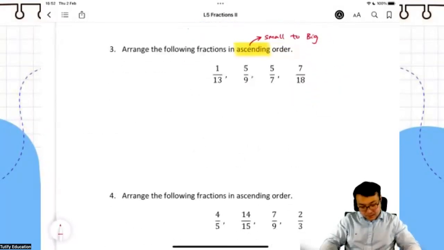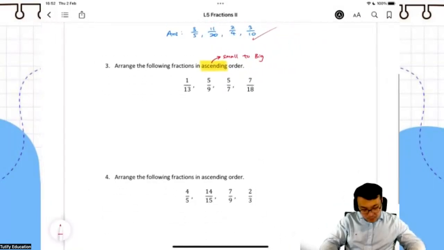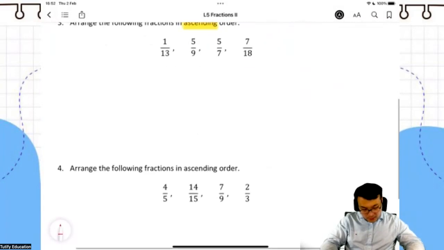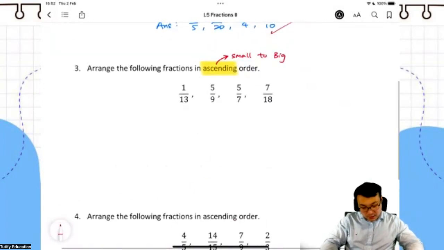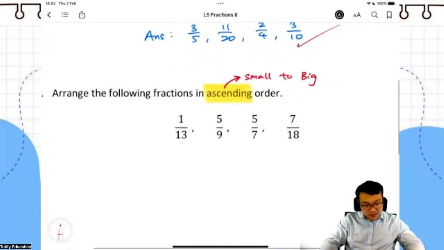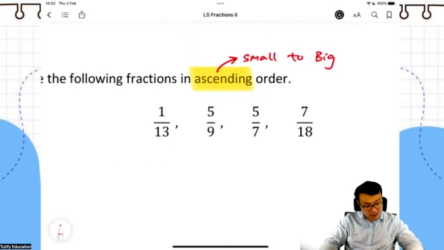So students, I'll tell you what. Oh yeah, these two are ascending. They want it in ascending order. Okay, why not I do this? I'm going to let you try both of the next two questions on your own, but I'm going to label the fractions.